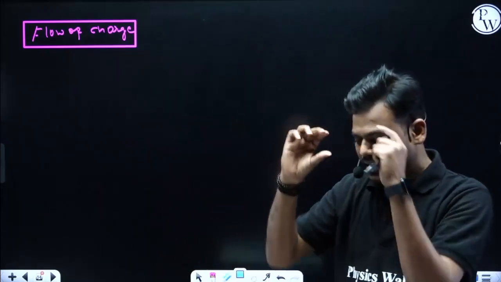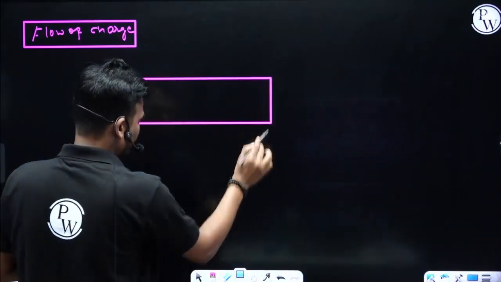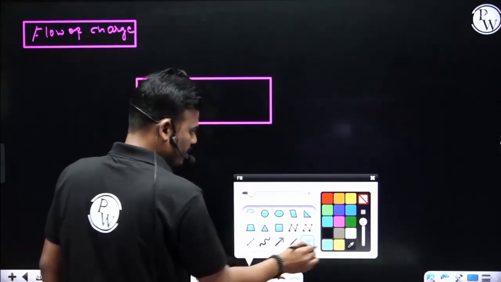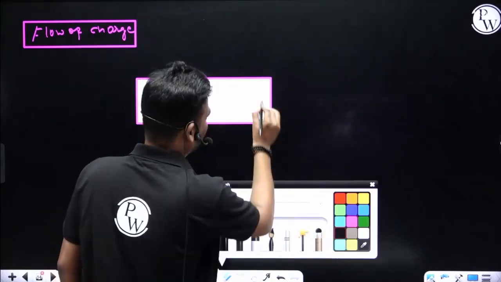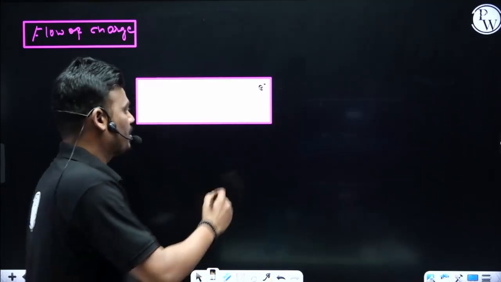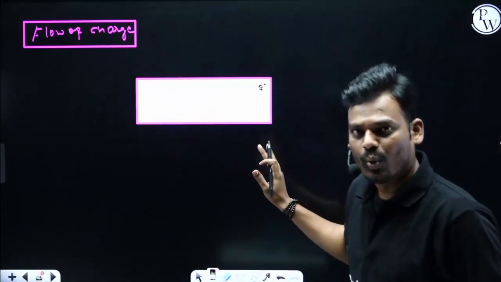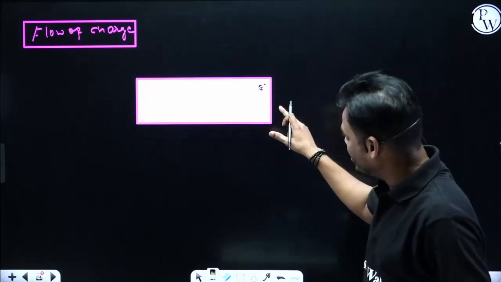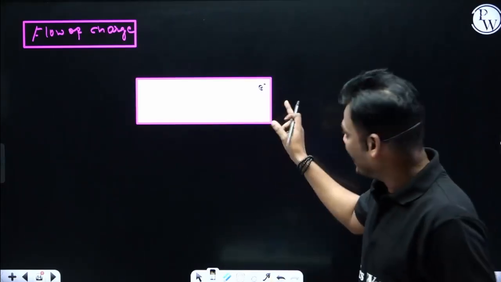So let's consider a conductor and consider electrons. Let's consider one electron for understanding purposes. It is a free electron, free to move, but it will not move according to Newton's first law, because if it is at rest, it will stay at rest.